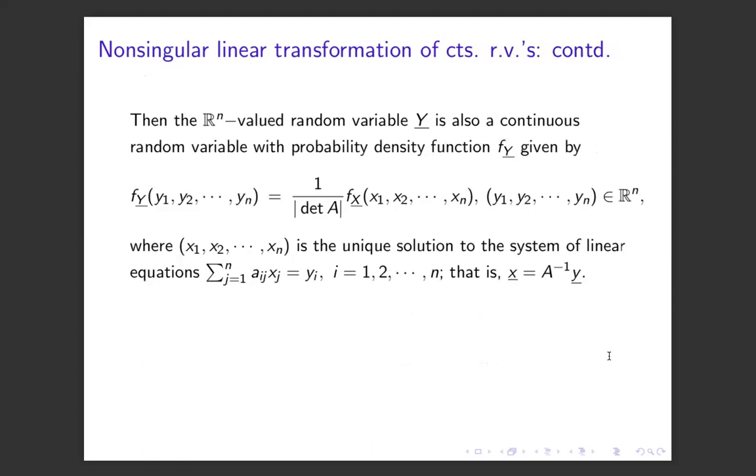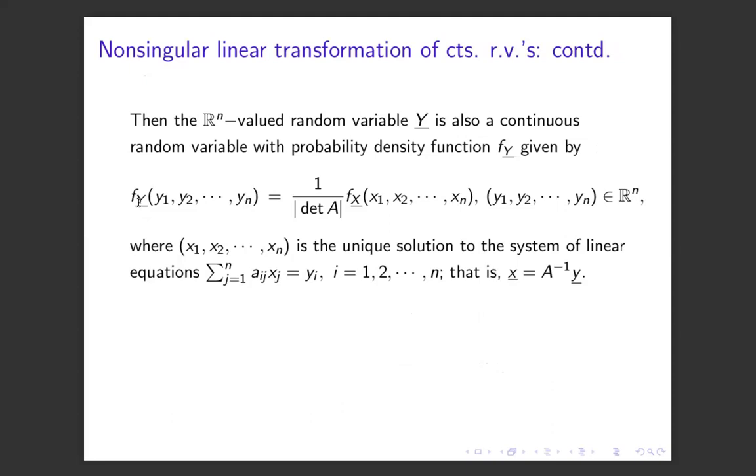Then the Rn valued random variable y bar is also a continuous random variable with probability density function, let us say f sub y bar. That is given by this expression.